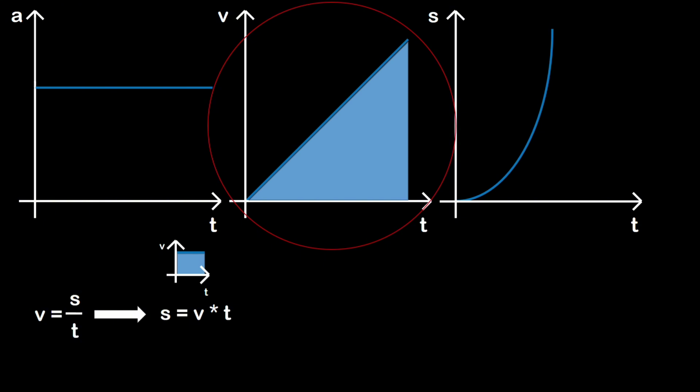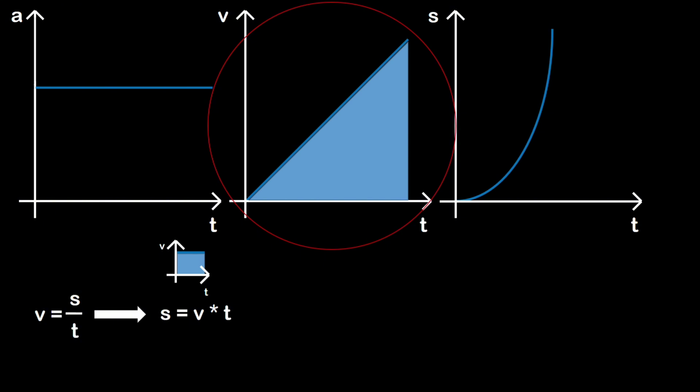Let's look back at the center graph. It's not a rectangle, it's actually a triangle, but it's no big deal. We can still describe it. So the distance will be equal to the area under the line. What is this triangle's area? Well, what do we know about the triangle?